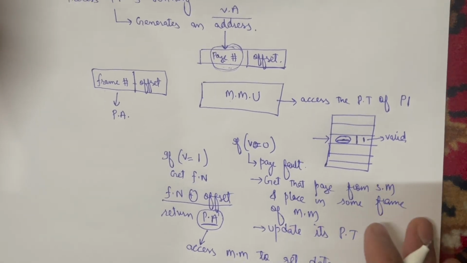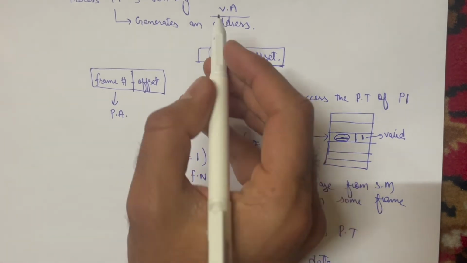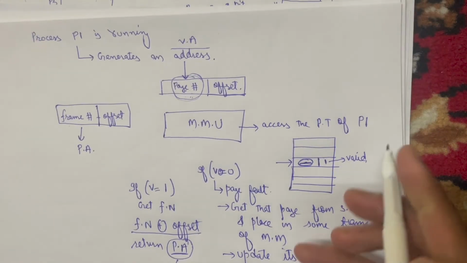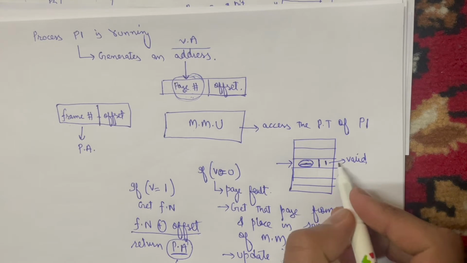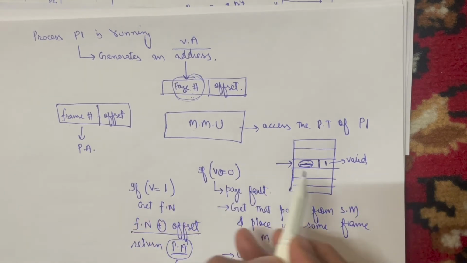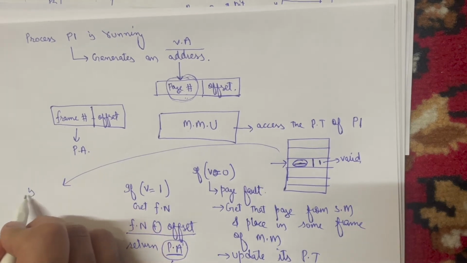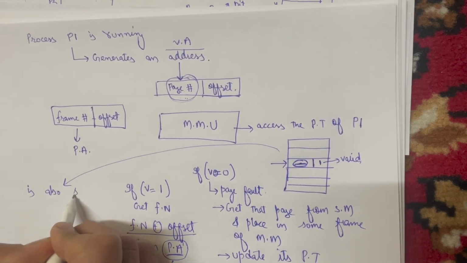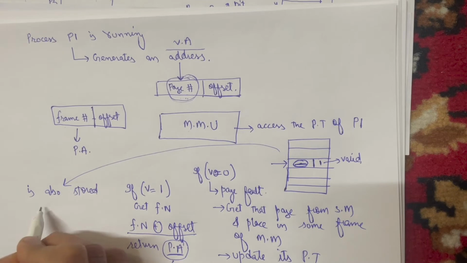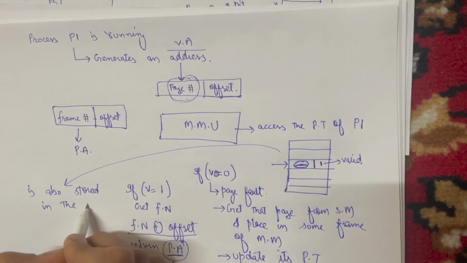Now the thing is that the page table of a process, this particular page table that our memory management unit is accessing, is also stored in the main memory.